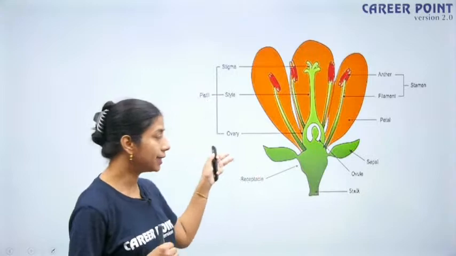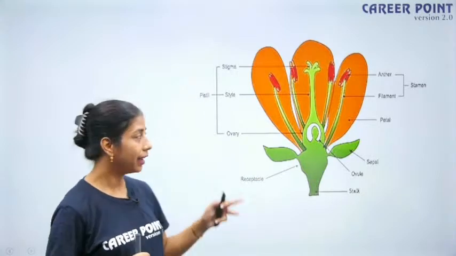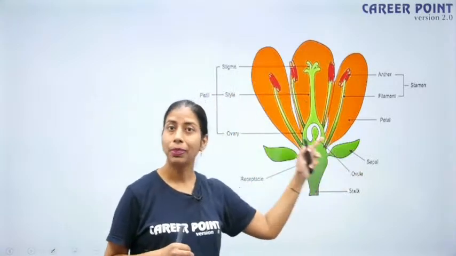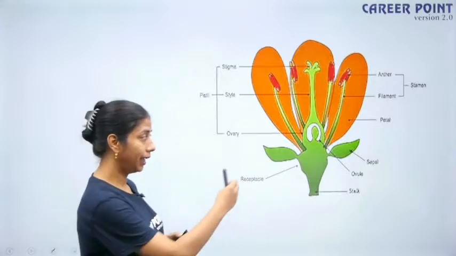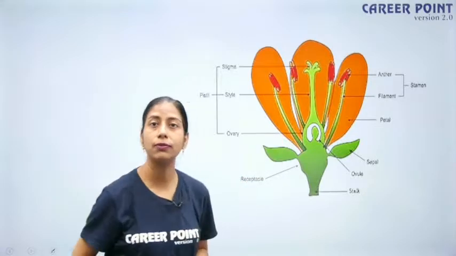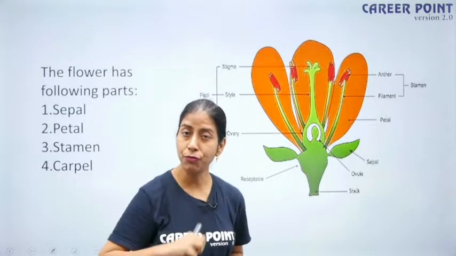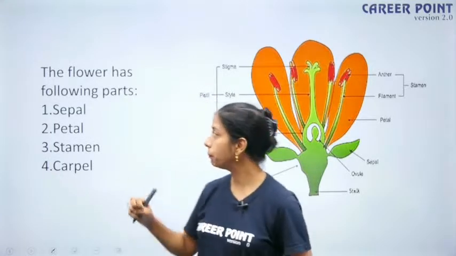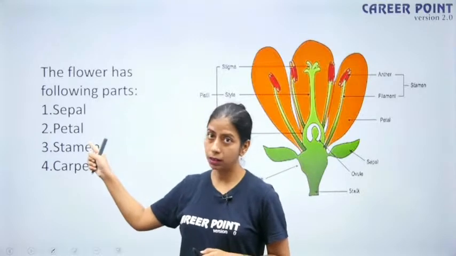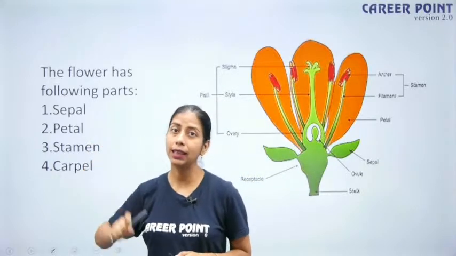So here you can see a flower, and various parts are present. We are going to study each and every part of this flower. Mainly the flower has four main parts, that is sepals, petals, stamen and carpel.